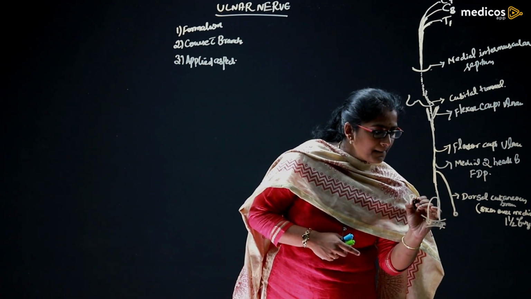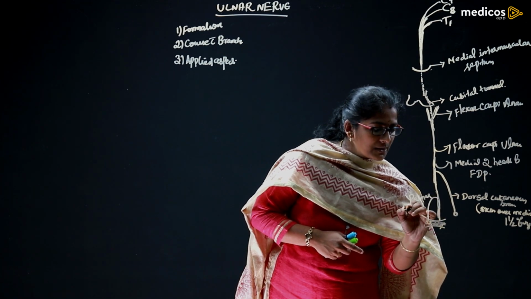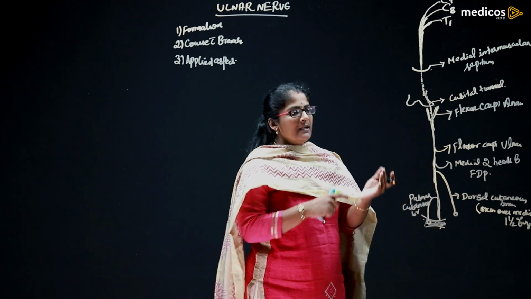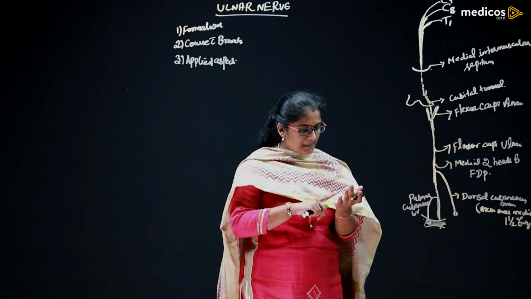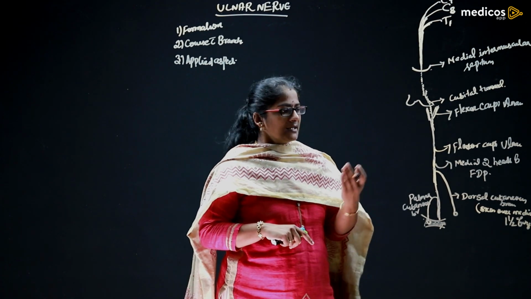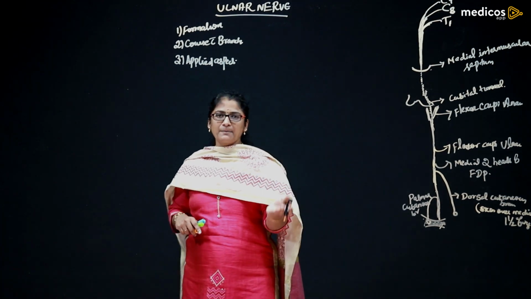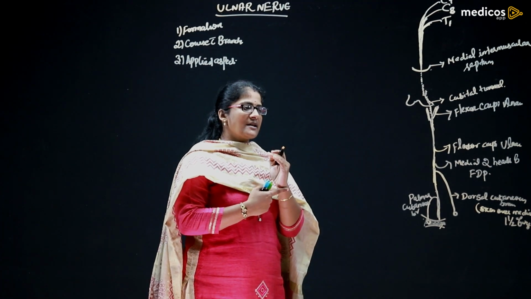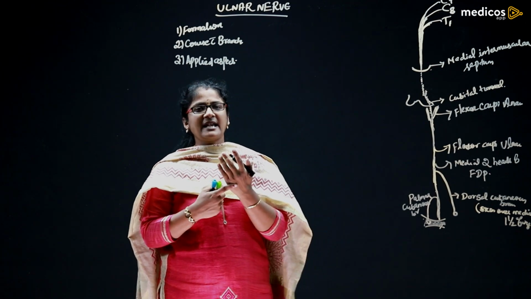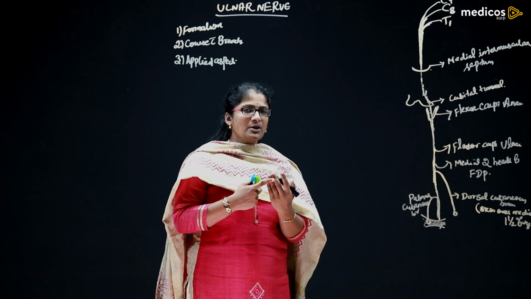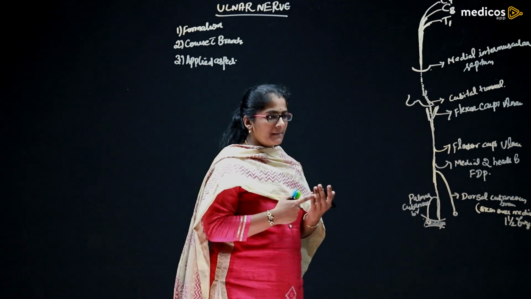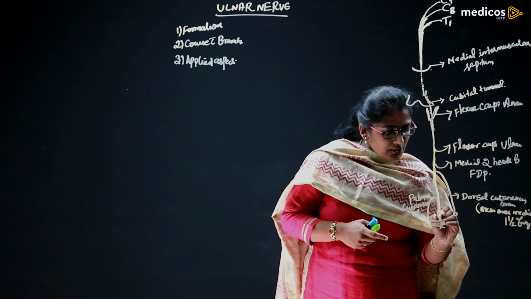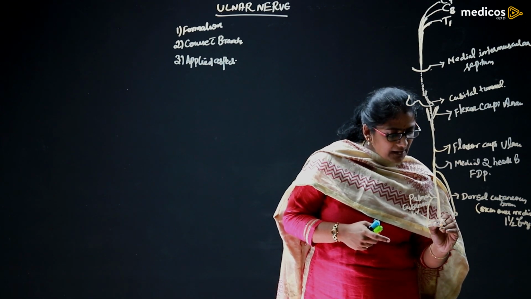The palmar cutaneous branch, we already know, supplies the skin over the hypothenar muscles, and the dorsal cutaneous branch supplies the skin over the dorsal aspect and the medial 1.5 fingers. After that this ulnar nerve passes superficial to the flexor retinaculum in the Guyon's canal.